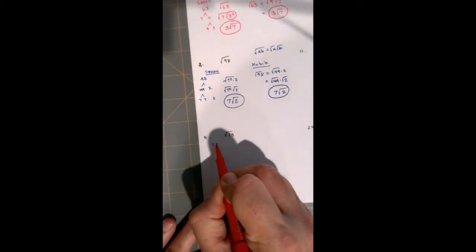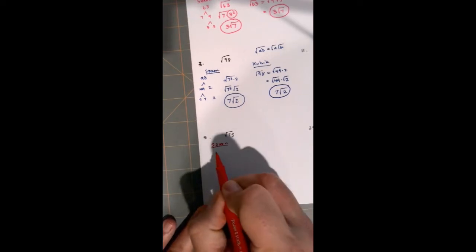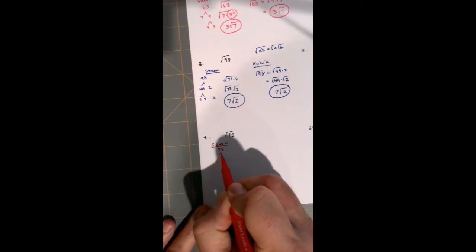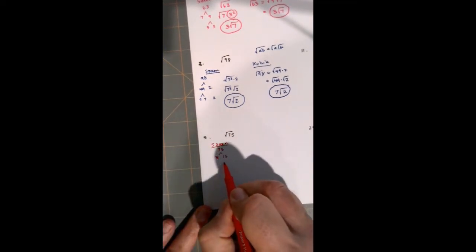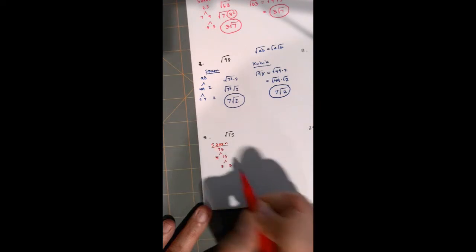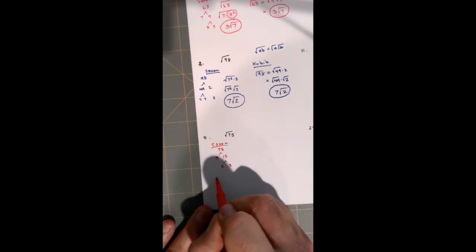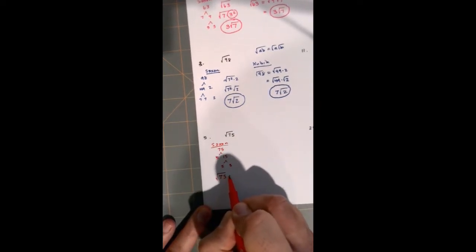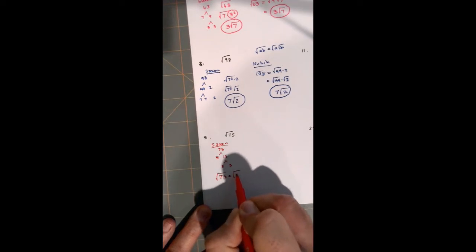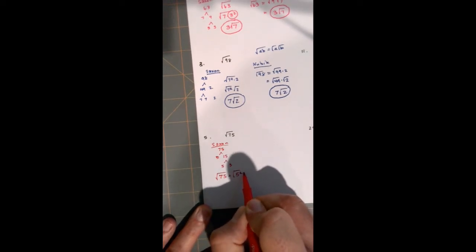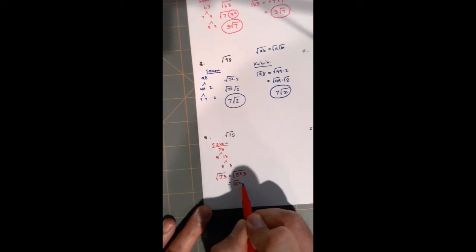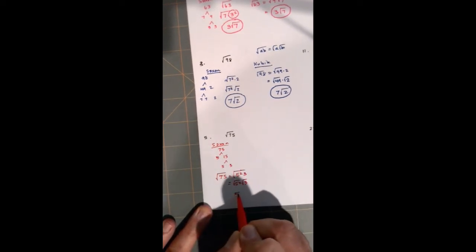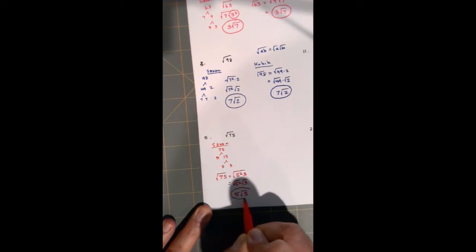Saxon. 75 is a multiple of 5, so 75 would be 5 times 15, which is 5 times 3. So root 75 is equal to root 5 squared times 3, which is root 5 squared times root 3, which is 5 root 3, right?